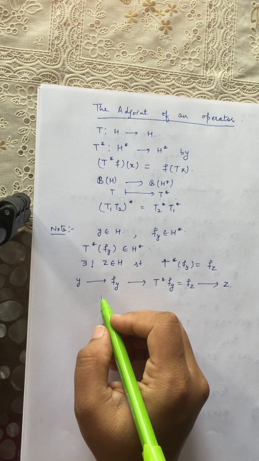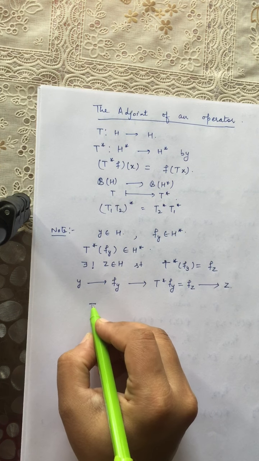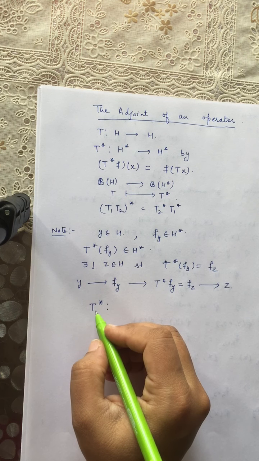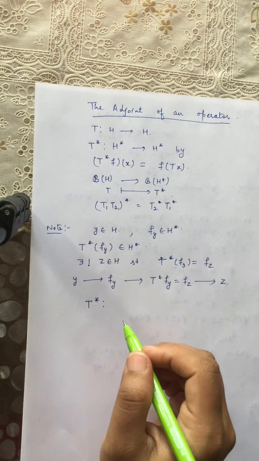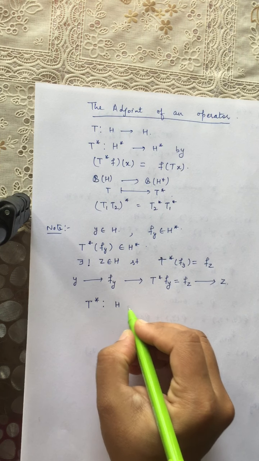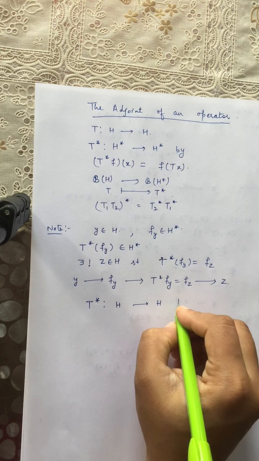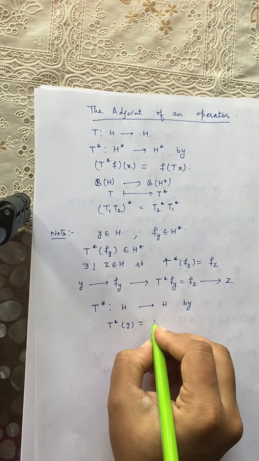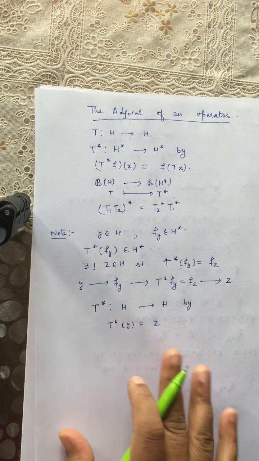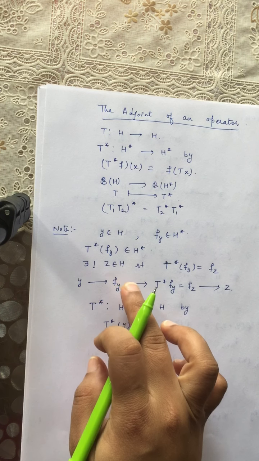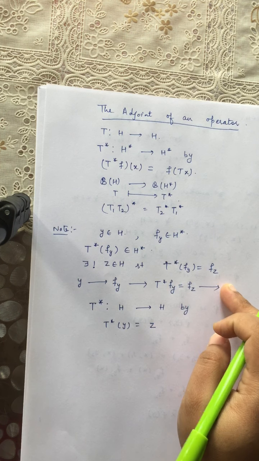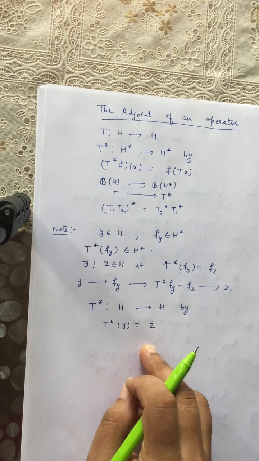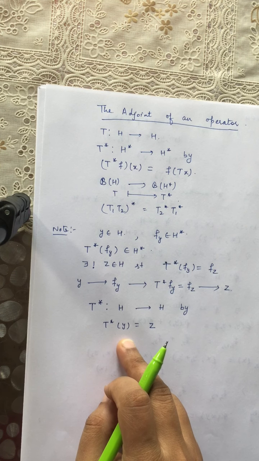We define another mapping, also denoted by the same symbol T star. This T star is defined from H to H by T star y is equal to z, because y is an element of H, and for this y, applying these three mappings we get a unique z. So we define T star y is equal to z. This T star is called the adjoint of T.